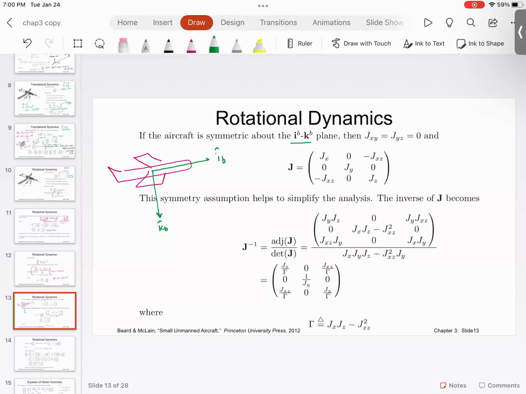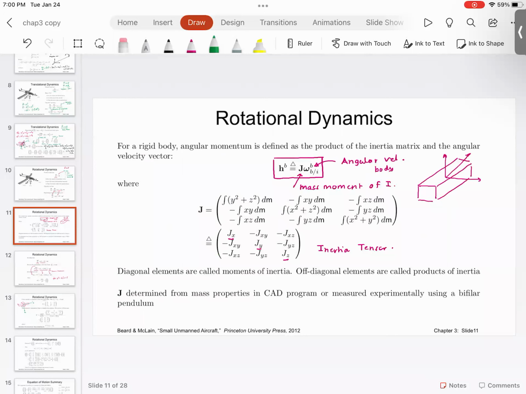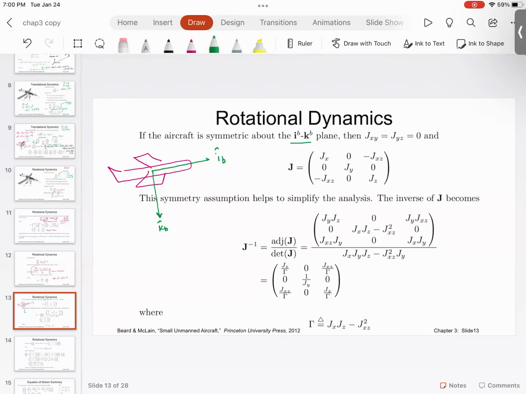all the terms that you see in the inertia matrix become zero except the XZ term. So this term over here. And the reason this term remains is because this is the plane of symmetry. All the other terms get cancelled. Instead of an aircraft, if it had been a saucer or UFO, then this term would also vanish, and you would only get the terms on the diagonal.